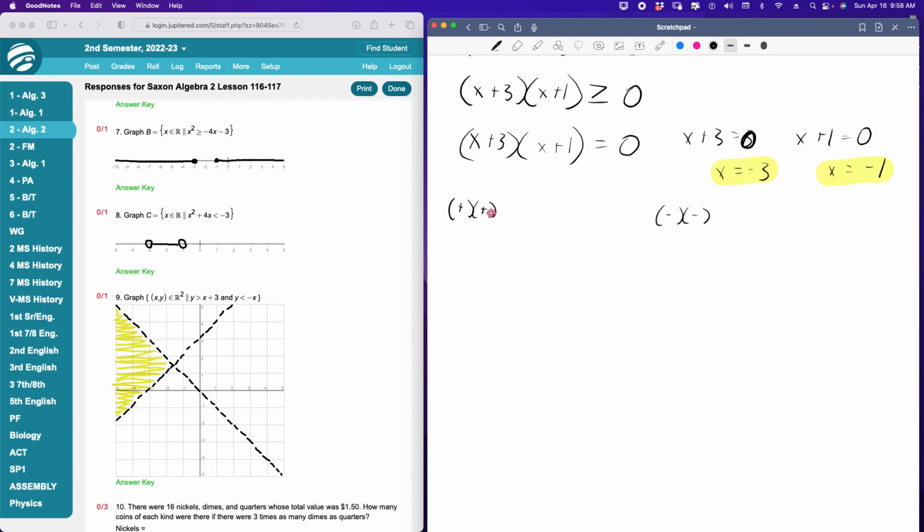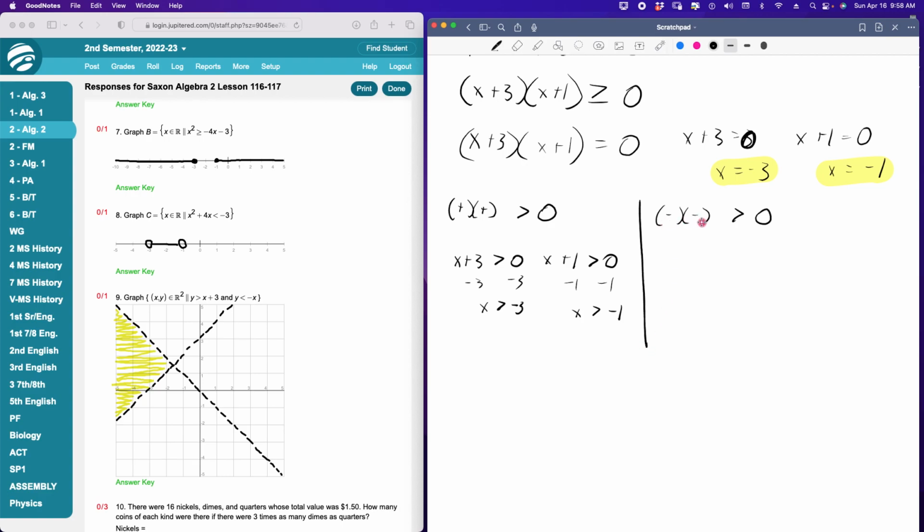A positive number is greater than 0. So x plus 3 is greater than 0 and x plus 1 is greater than 0. So we subtract, and x is greater than negative 3 and x is greater than negative 1. Those are our two things we're going to test.